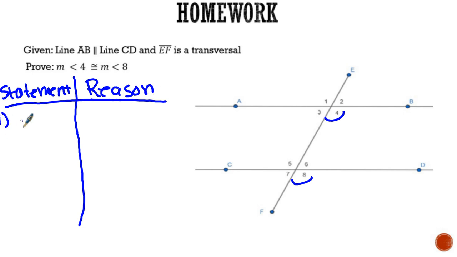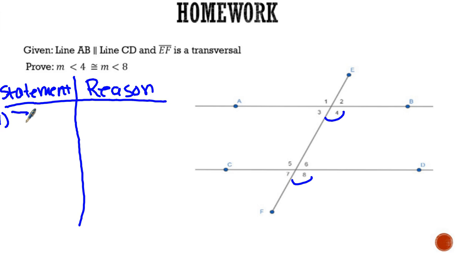All right, so the first statement is always going to be what's given.